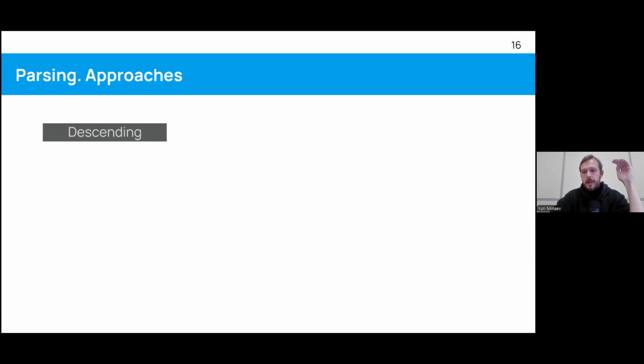You start at the very top, at the root, in our case it would be expression list, and you go down to the very bottom, you find something valid there, you climb up and you apply productions and grammar rules as you go up. And ascending parsers work in a different way.